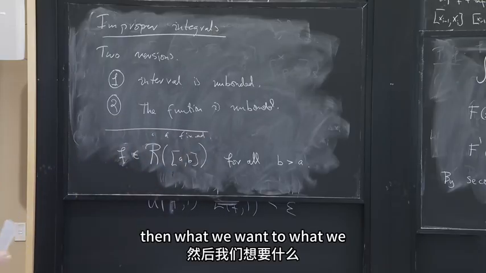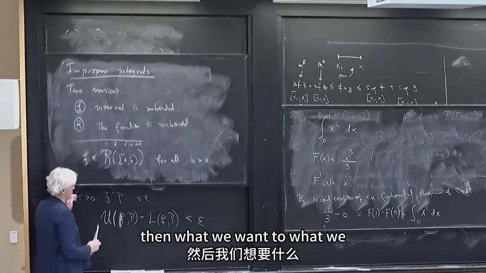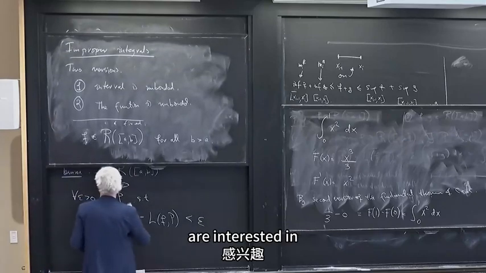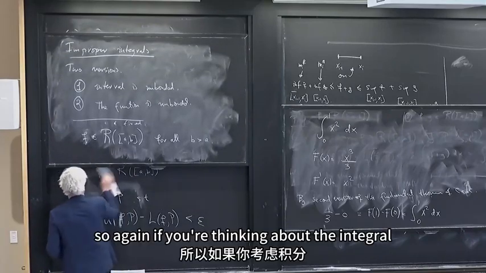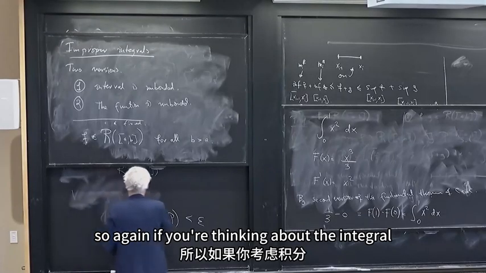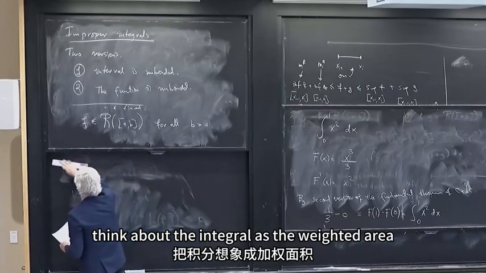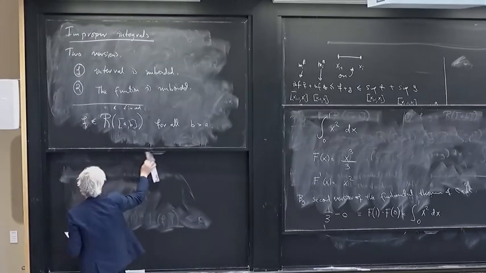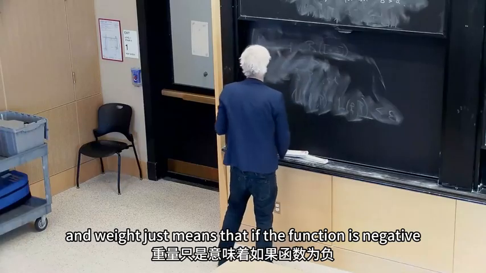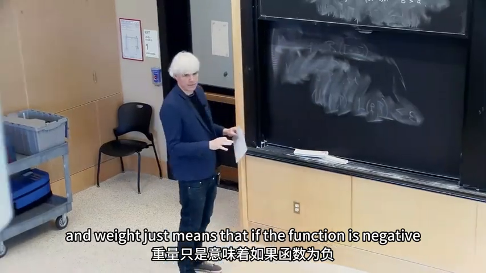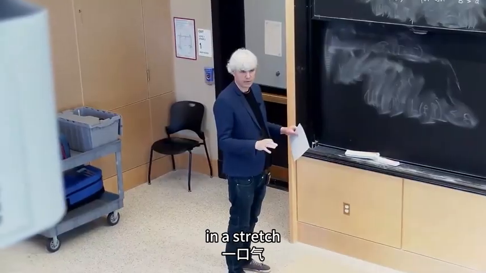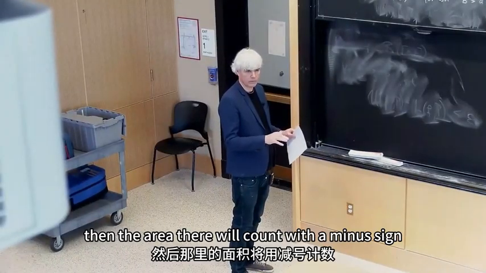Okay. Then what we are interested in, again, think about the integral as the weighted area. Weighted just means that if the function is negative in a stretch, then the area there will count with a minus sign.